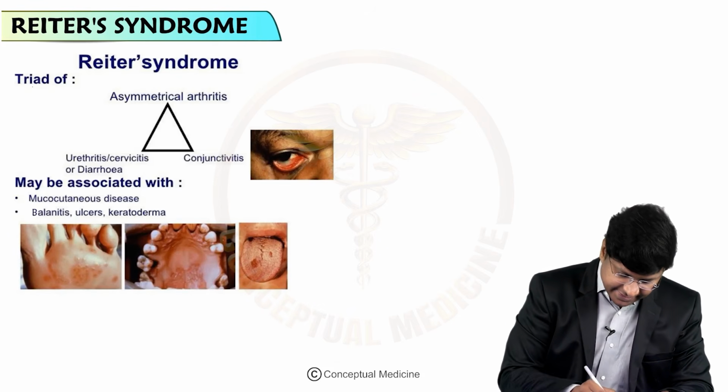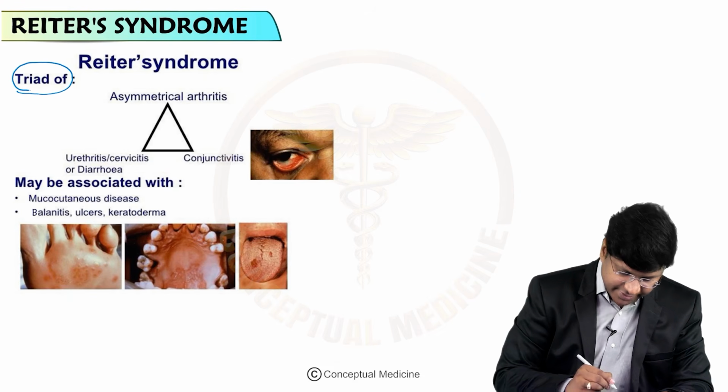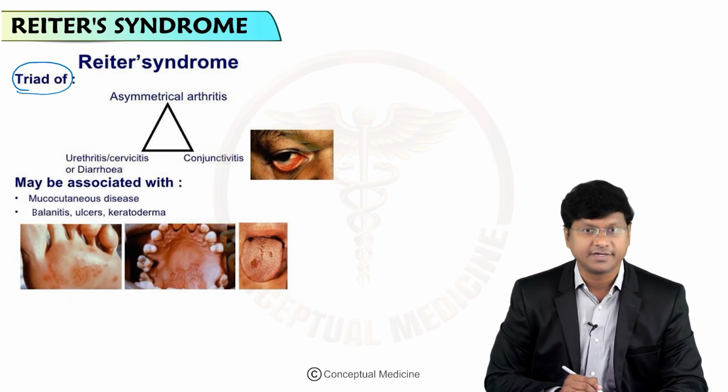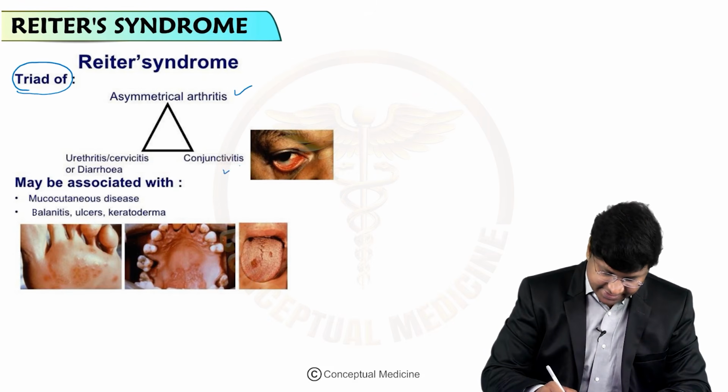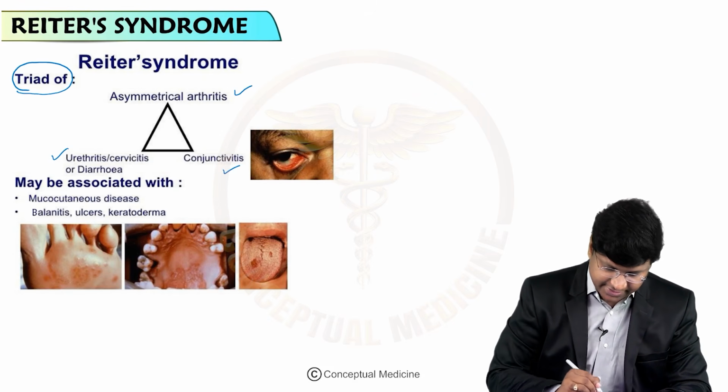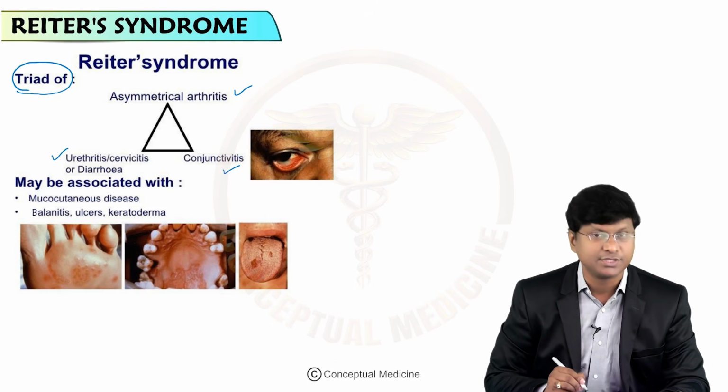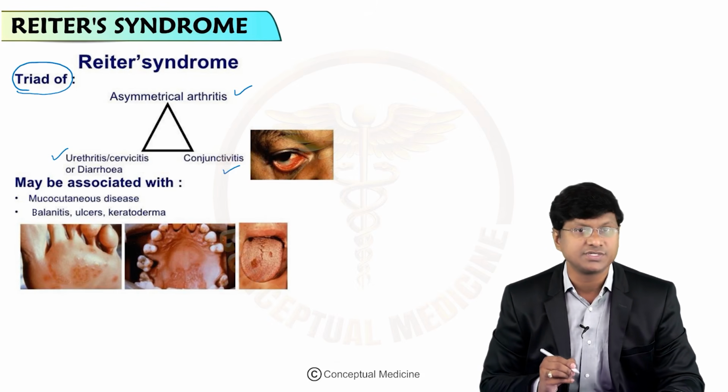So the triad is very important in case of Reiter syndrome. And what will be the triad? That includes asymmetrical arthritis, then conjunctivitis, and then urethritis. So this is a triad that you will see in patients with Reiter's or reactive arthritis.